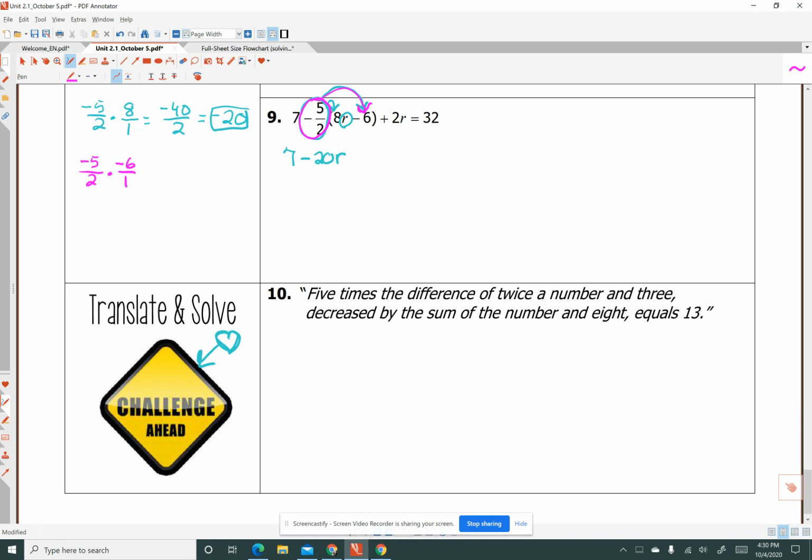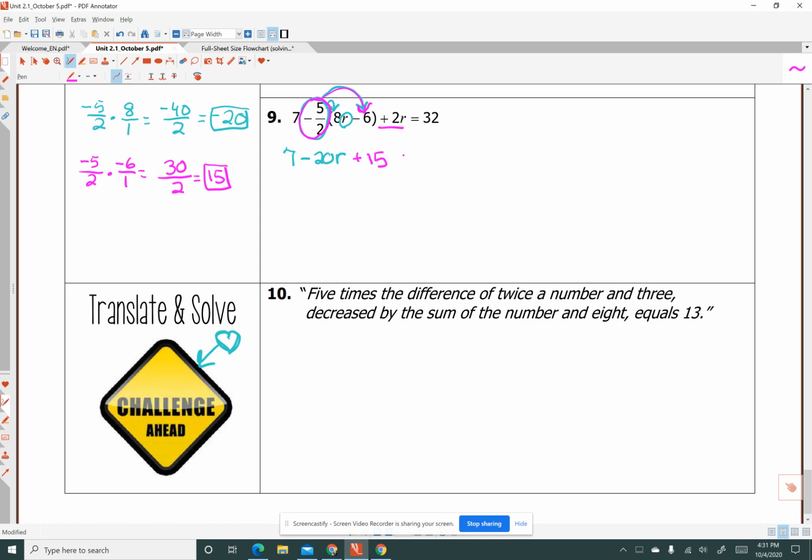We'll put a 1 under that. Negative times a negative is a positive. So 6 times 5, negative times a negative, positive 30. 2 times 1 is 2. 30 divided by 2 is 15. So that means -5 halves times -6 equals positive 15.